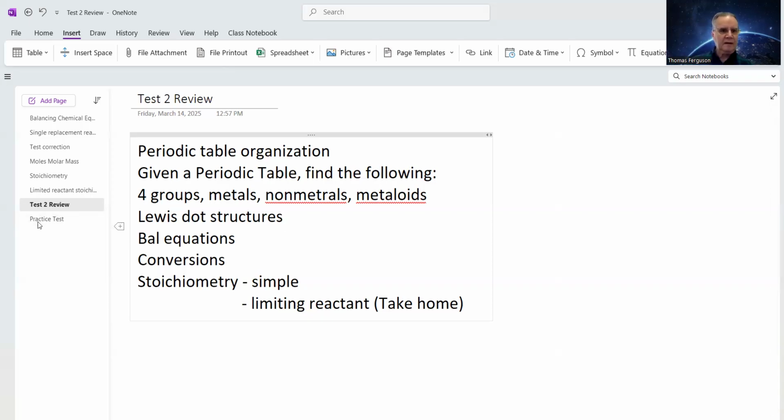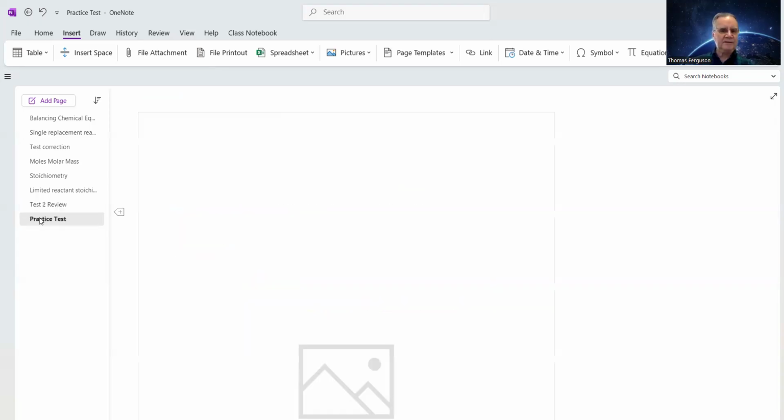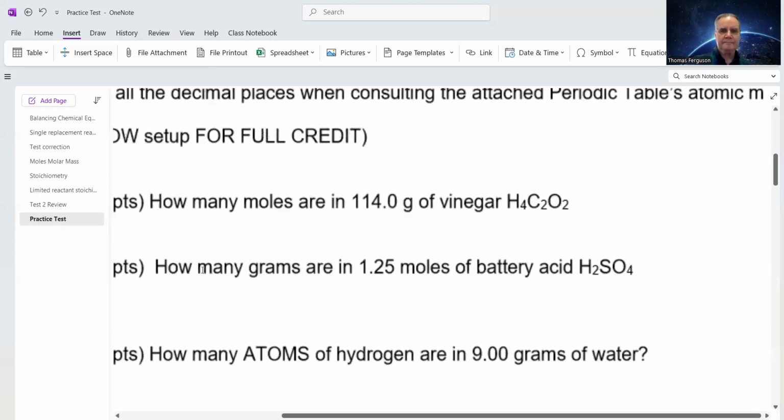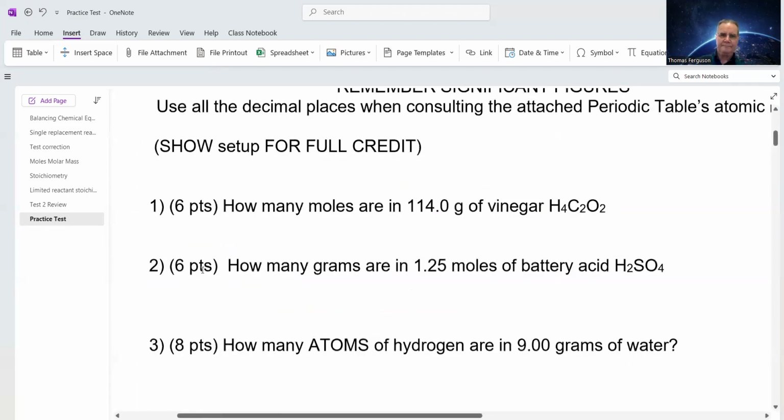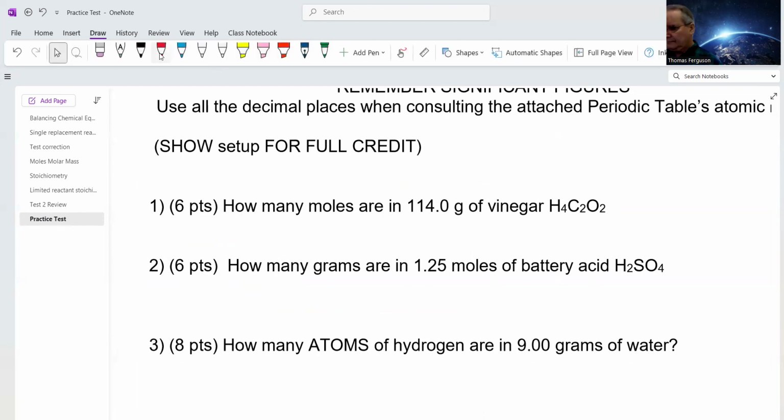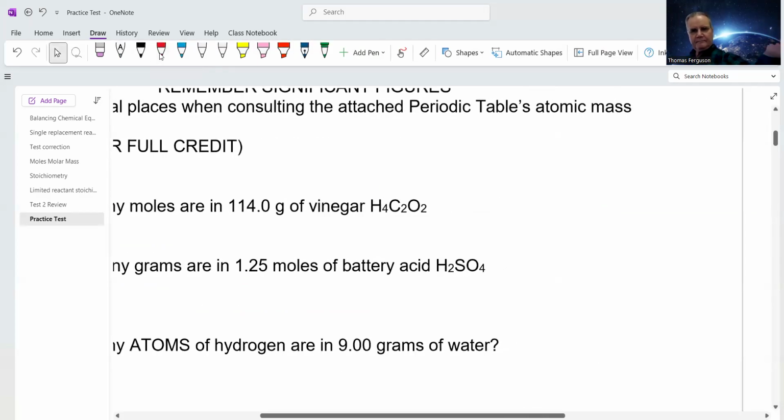Okay, so let's look at the practice test. How many moles are in 114 grams of vinegar? I'll give you the formula for vinegar. We need to first calculate the molar mass for vinegar from the periodic table. And you're going to be using the periodic table that's on the test.